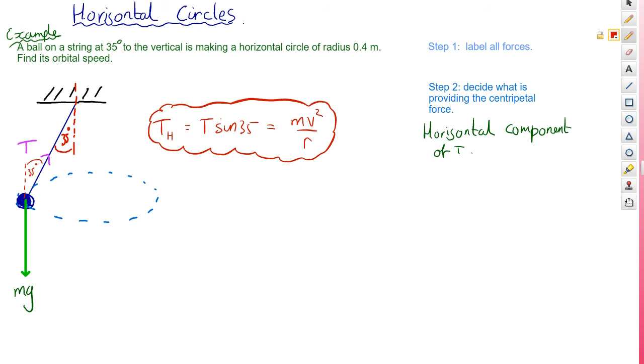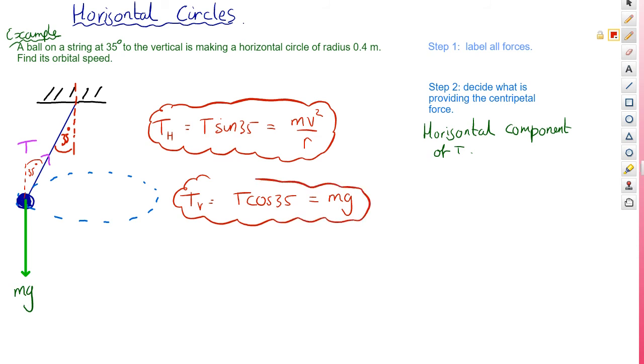So we can write down that the vertical component of T is equal to the weight. And that is T cosine 35, as we can see, which equals mg. So we've found ourselves another nice equation.